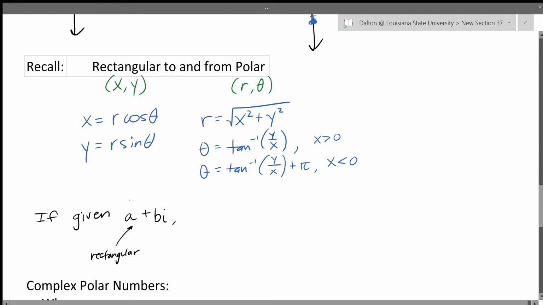If we know that a is essentially the same thing as x and b is essentially the same thing as y, if we substitute in these values, then instead of a plus bi, we can rewrite that as r cosine theta plus r sine theta.